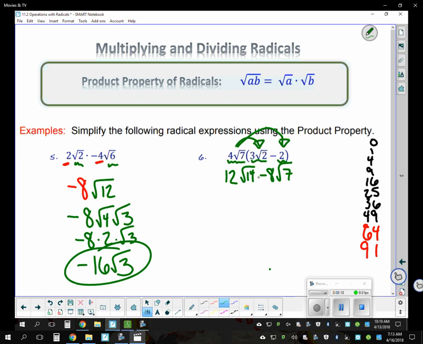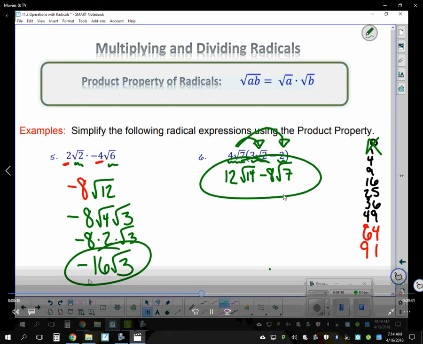So, can we make them like radicals? Is 14 divisible by any perfect square? Not 9, not 4, 1 and 0 aren't going to help you. 7, not 4, 1 and 0 aren't going to help you. So that means you cannot simplify either one of these. Therefore, that is your answer. Do not try to add or subtract them.